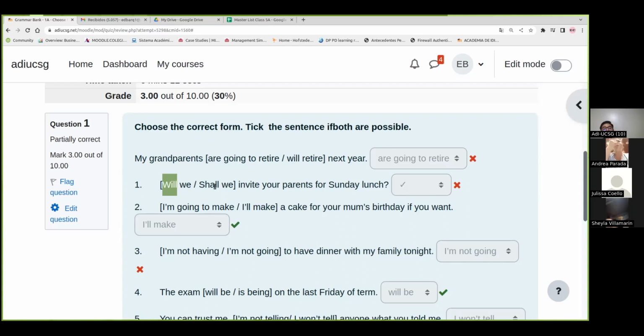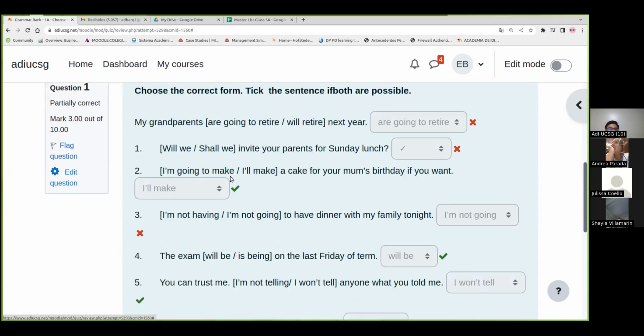The word shall expresses something in the future, but it also gives you information about the intention, because it's something like should, right? Do you remember the word should? We already used it in the previous exercise. So we're asking if we should invite, shall we invite your parents? All right, it's a similar word.